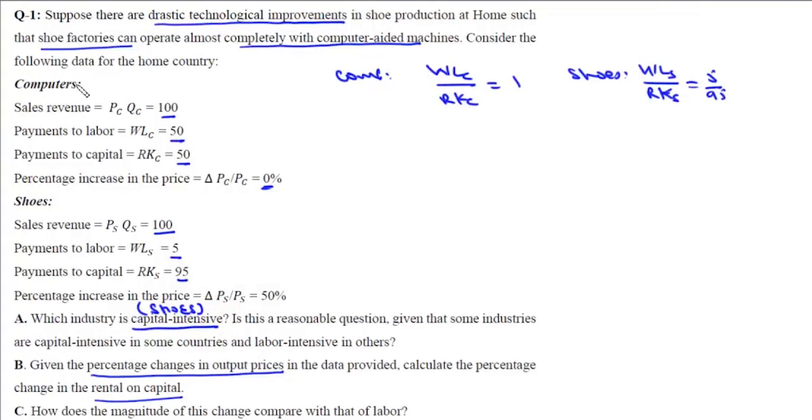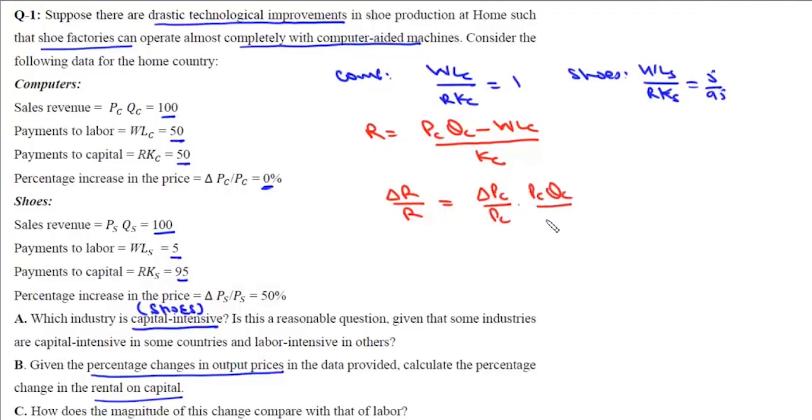Now again, we'll start with computers. So we can write this rent R as PCQC minus WLC upon KC. We'll again find the percentage change. So we'll write delta R upon R, and there will be delta PC upon PC into PCQC upon RKC minus delta W upon W into WLC upon RKC.